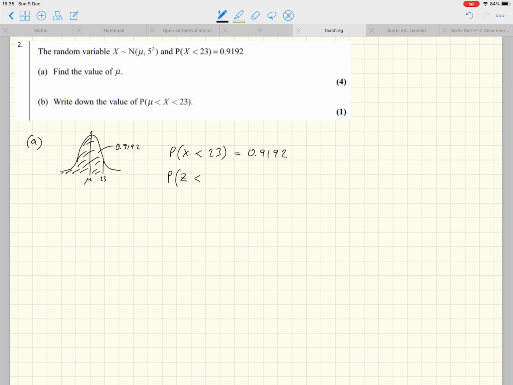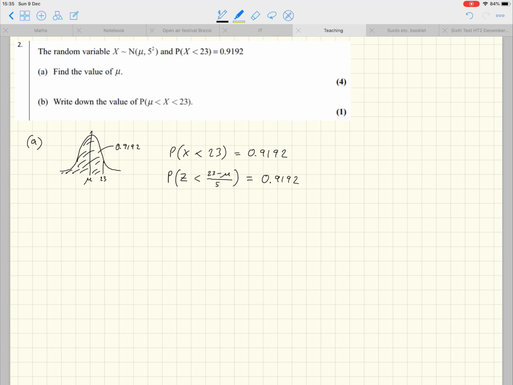The probability that x is less than 23 is equal to the probability that z is less than 23 minus mu over the standard deviation, which we do know, which is 5. I haven't multiplied or done any inverses yet. All I've done is rewrite the format of the left-hand side.